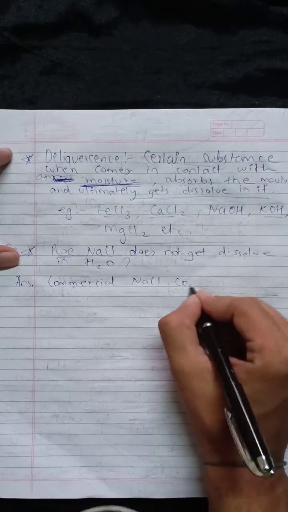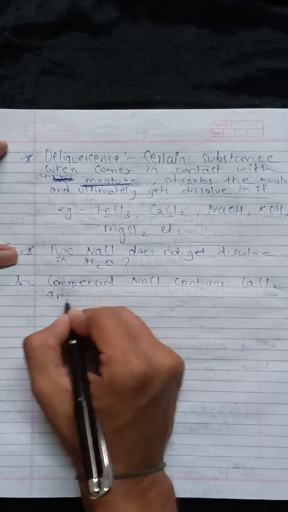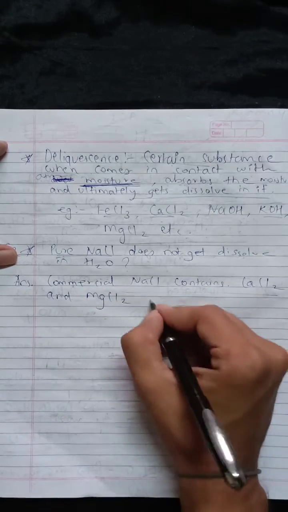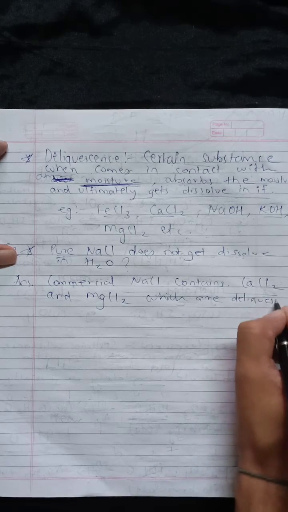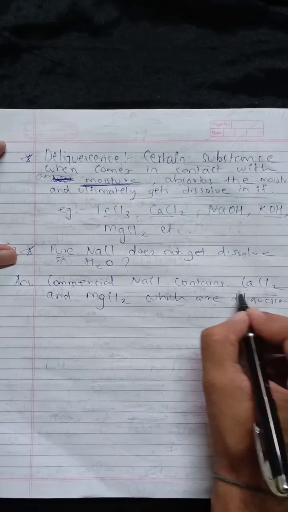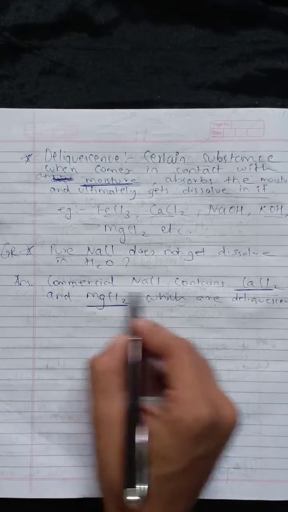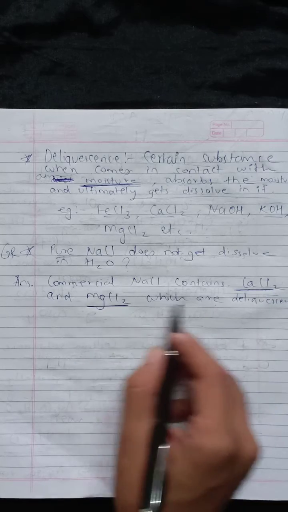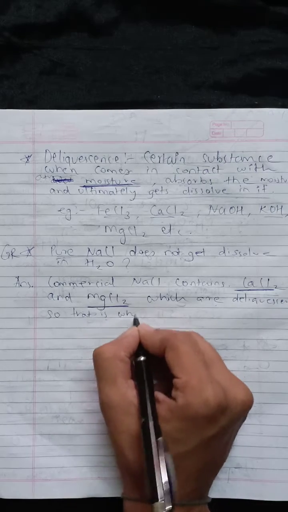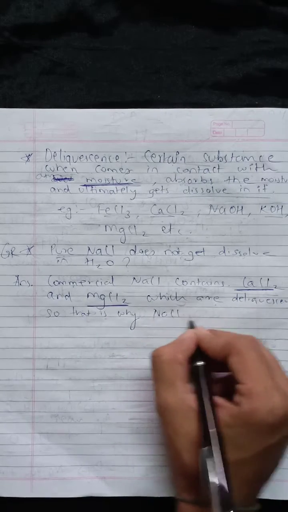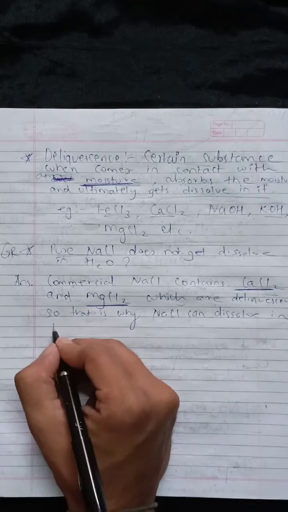Commercial NaCl contains calcium chloride and magnesium chloride, which are deliquescent. So that is why NaCl can dissolve in water.